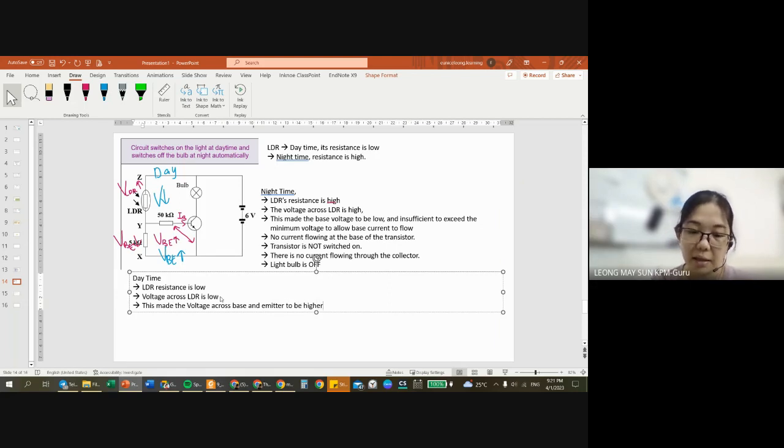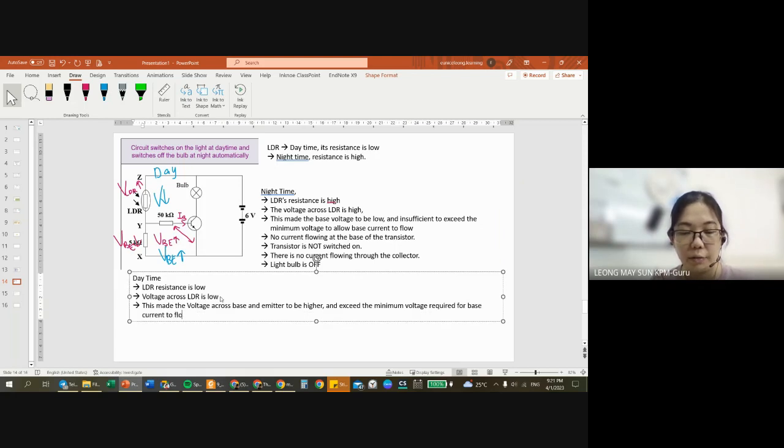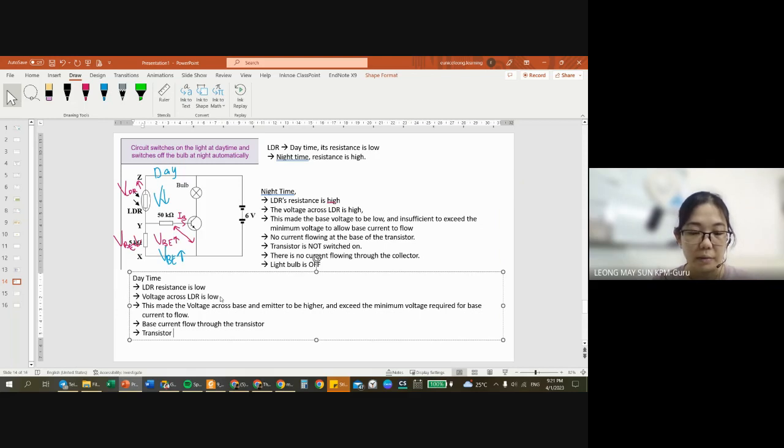When it's higher, it will exceed the minimum voltage required for base current to flow. So hence, base current flows through the transistor. And when base current flows through the transistor, it will be on.